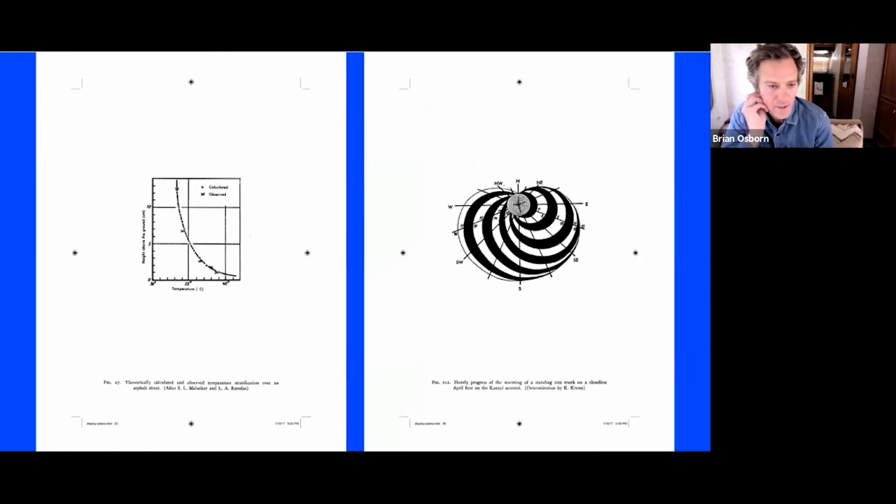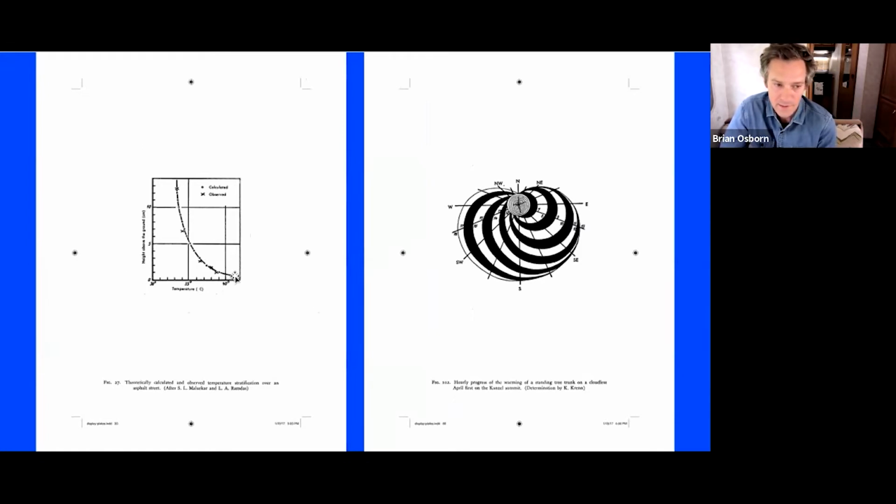The image on the left, figure 27, is called Theoretically Calculated and Observed Temperature Stratification Over an Asphalt Street. You can see that there's temperature on the x-axis in Celsius, and height on the y-axis.